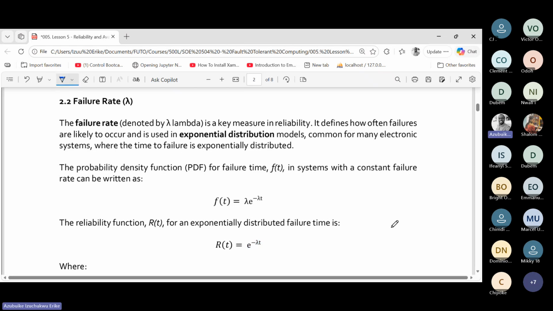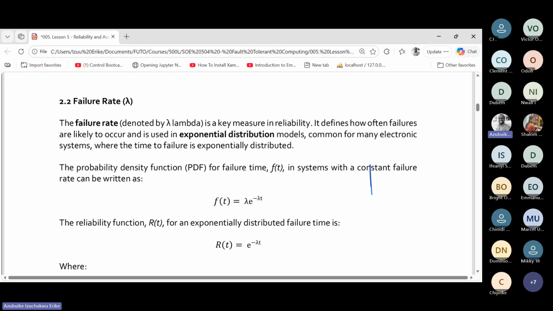So you can have a graph like this, or you can have it moving this way. Whichever way it is, it starts from a high point and then goes down.